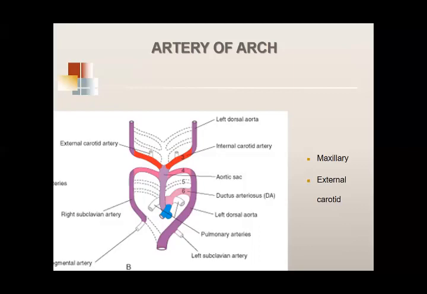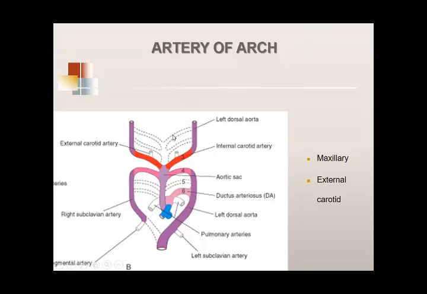आर्टरी का हमने डिस्कस किया था ना बेटा कि आर्टरी जो है आर्च की, दैट इज joins the arterial pharyngeal arteries जो हैं, they join the aortic sac to the dorsal aorta. Okay. This is first arch, second arch, third arch, fourth, fifth and sixth.